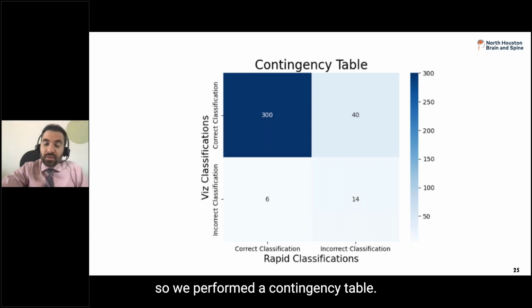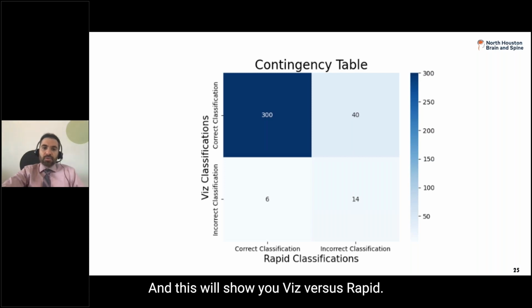So we performed a contingency table, and this will show you Viz versus Rapid. Both were correct in 300 patients. Both were incorrect in 14 patients. Rapid was correct in 6 patients when Viz was incorrect. However, Rapid was incorrect in 40 patients when Viz was correct.